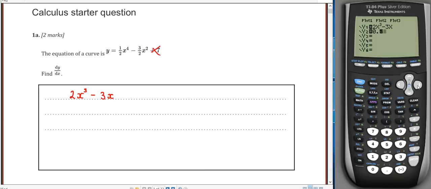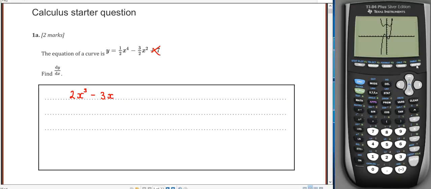Now there might be a different way, by the way. 0.5x to the power of 4 minus 1.5x to the power of 2 plus 7. So we graph that as well.